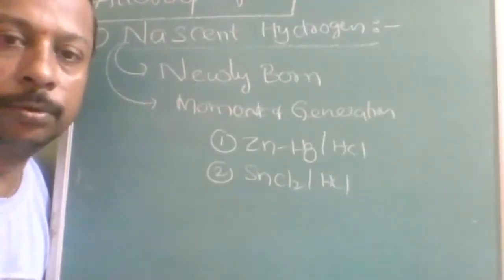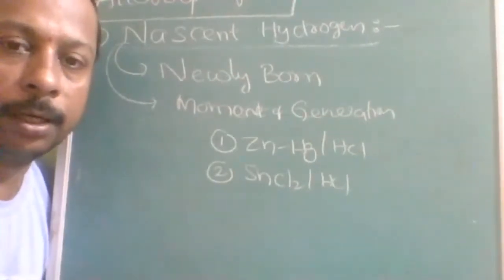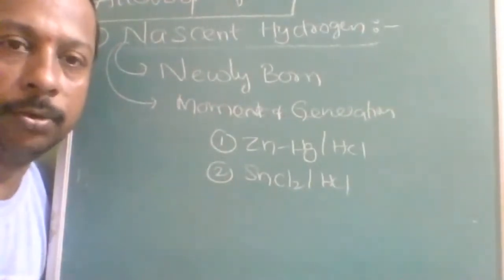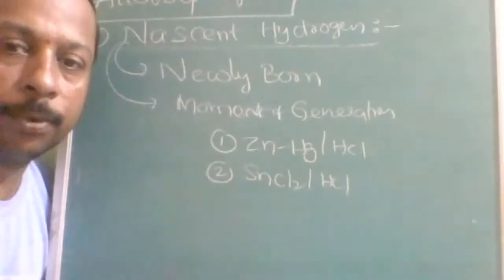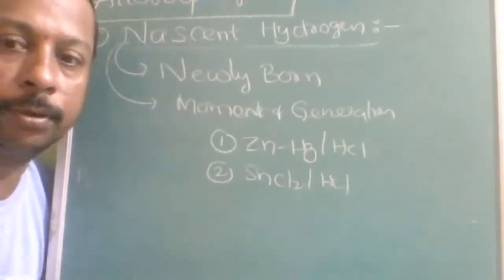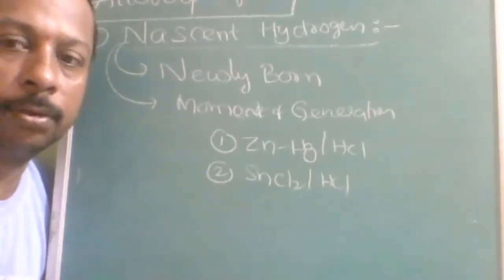If you wait, they will convert into molecular hydrogen. If you procure the product of this reaction after a fraction of a second, whatever hydrogen you are using will be molecular hydrogen. Understood? The product will be the same, but the allotropic form will change. So the product initially will be nascent hydrogen.